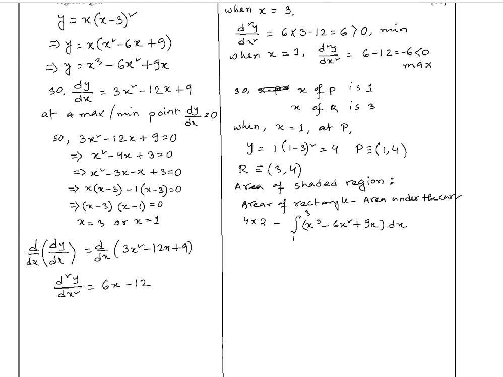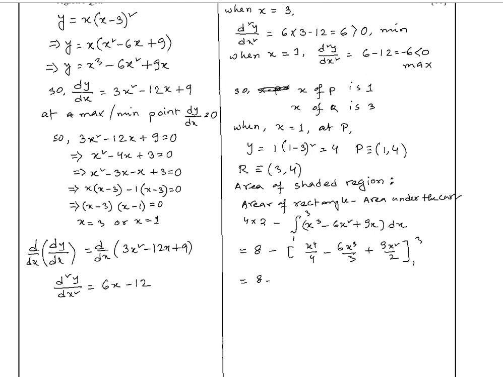So in the next line we can write 4 times 2 will give us 8 minus, if we do the integration, x to the power 4 divided by 4 minus 6 times x cubed divided by 3 plus 9 times x squared divided by 2. Now let's put the limits, that is 1 and 3. We don't need the integral constant here as it is a definite integration.